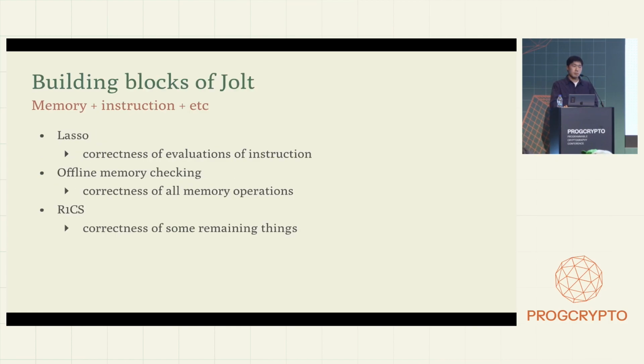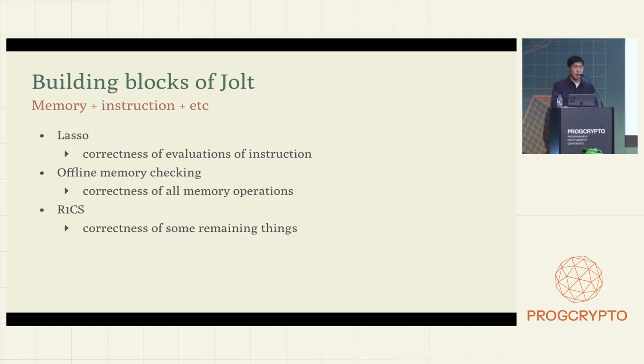There are some building blocks of Jolt. To prove the VM, you should prove the correctness of memory operations, the evaluations of instructions, and some remaining things in the circuit. They used Lasso for proving the correctness of the evaluations of instructions, and offline memory checking for proving the correctness of all memory operations.